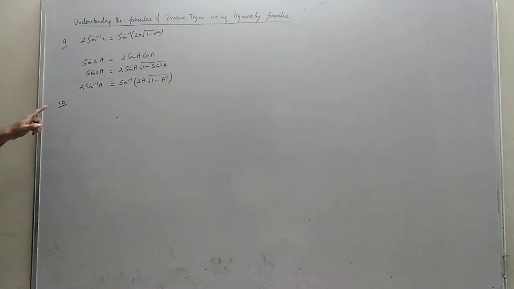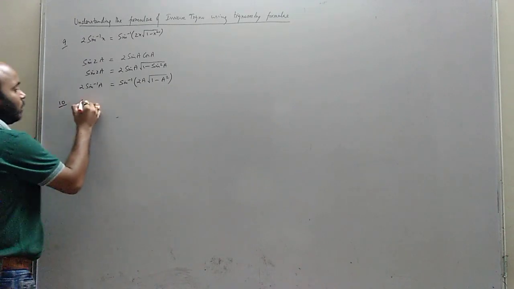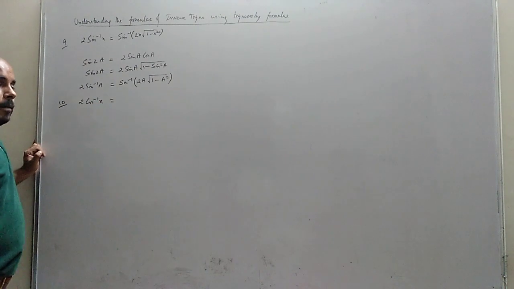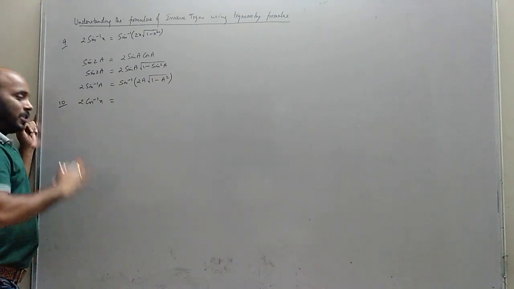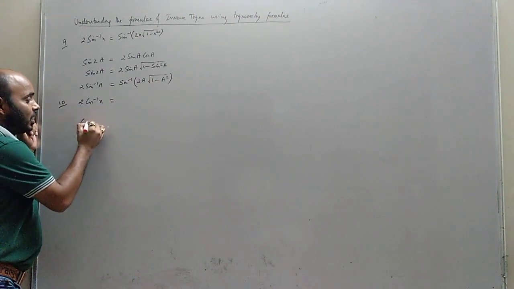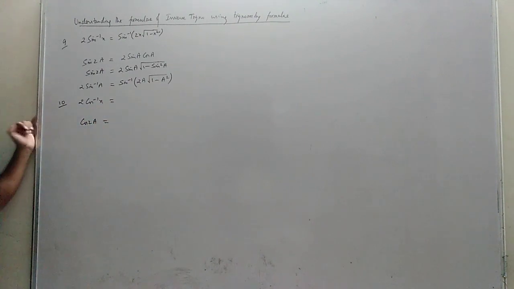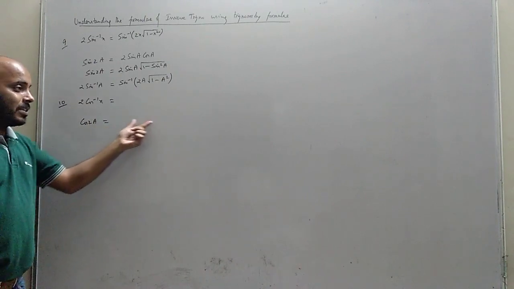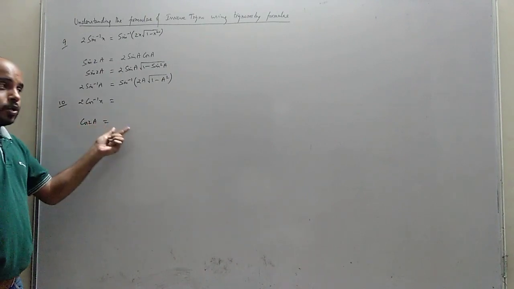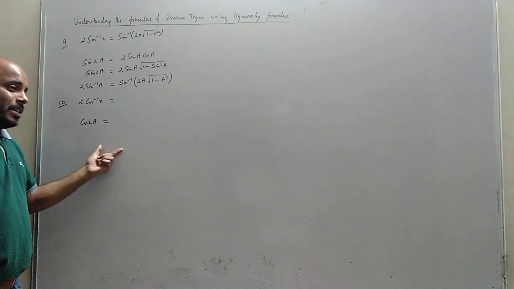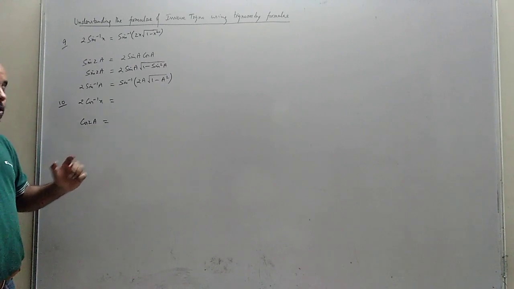Okay, now go to 10. Theorem number 10: 2 cos inverse x. I don't know the formula. Okay, I don't remember, seriously. So let's go for it. 2 cos inverse x, so I will think about cos 2a. Now cos 2a has 4 formulas: cos square a minus sin square a, 2 cos square a minus 1, 1 minus 2 sin square a, and 1 minus tan square a by 1 plus tan square a. Which one to write?